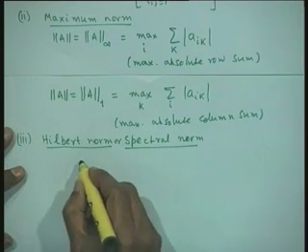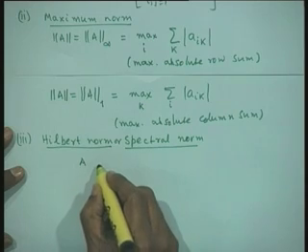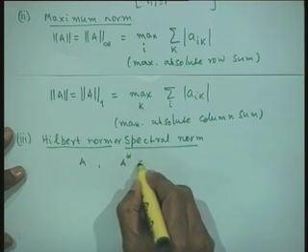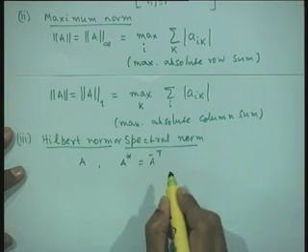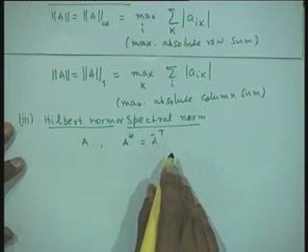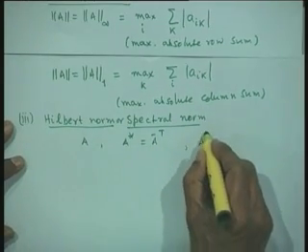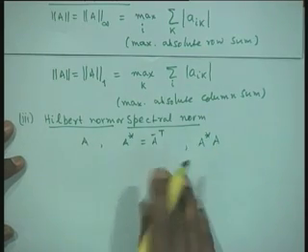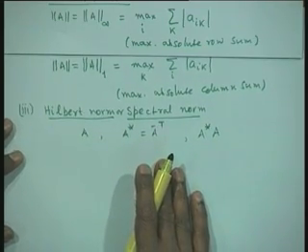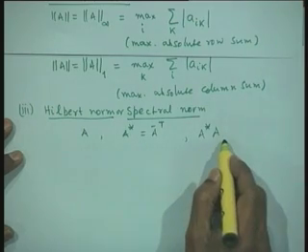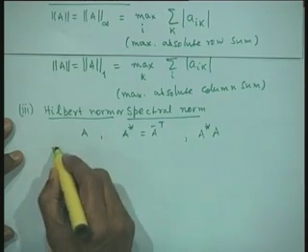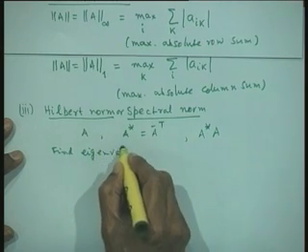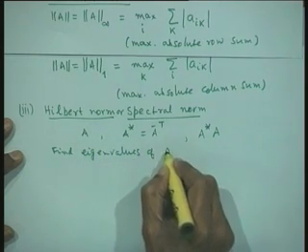What we do here is, given a matrix A, I find its conjugate transpose, which we defined as A star. Then I form the matrix A star A, and find the eigenvalues of A star A.